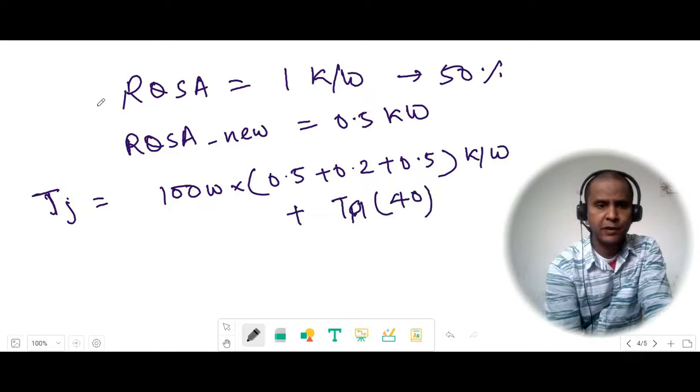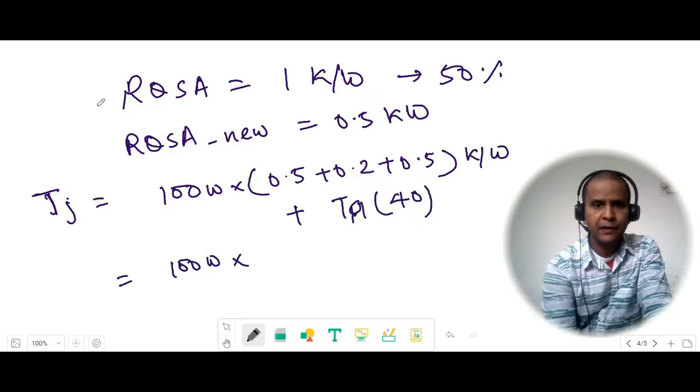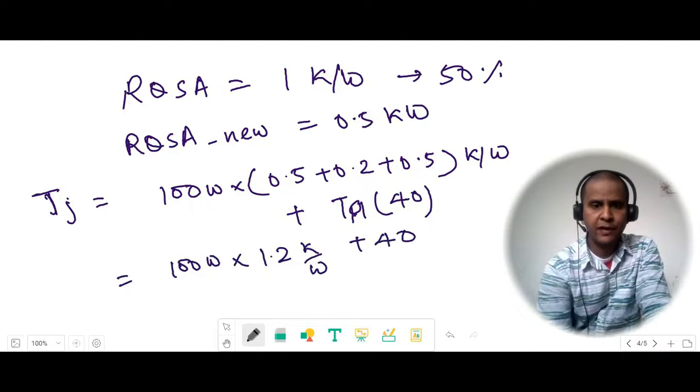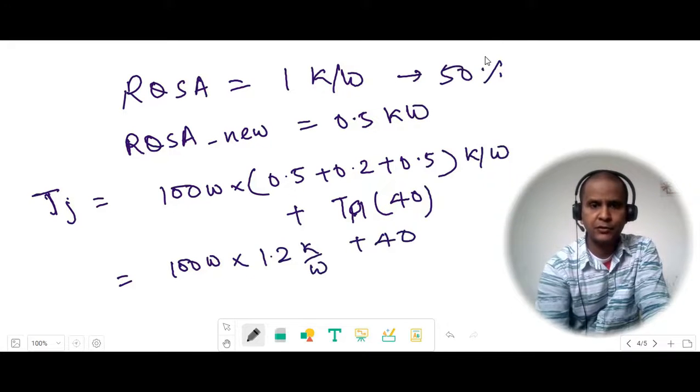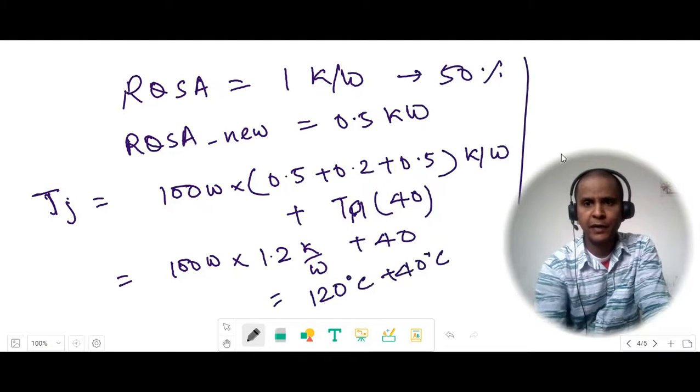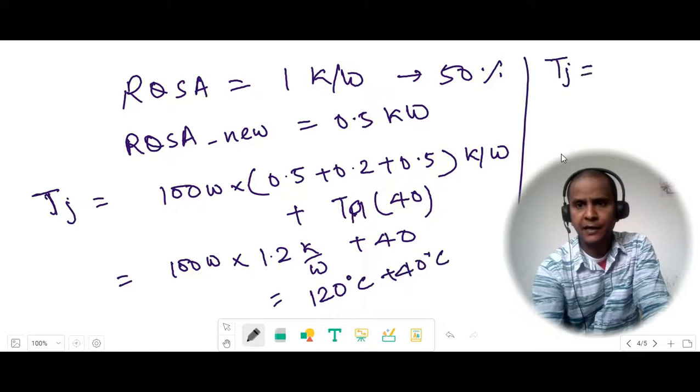So 100 watt multiplied by 1.2 Kelvin per watt plus 40 degrees. I do not need a calculator. This becomes 120 degrees centigrade plus 40 degrees centigrade. So the new junction temperature, Tj new, is 160 degrees centigrade.